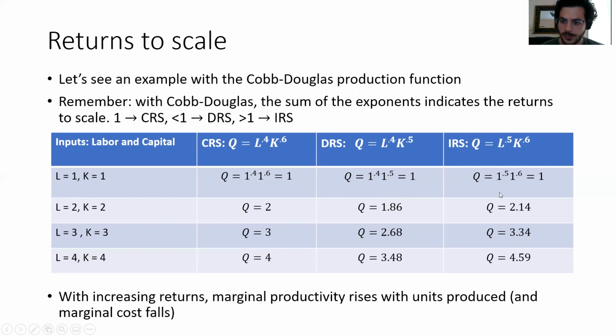With increasing returns to scale, our marginal cost is falling and our marginal productivity is rising. And so you can see that when we went from 1 to 2, we got an extra 1.14 units of quantity. And when we go from 2 to 3, we get something that's a little bit more than that, and then a little bit more than that as we go from 3 to 4. So the differences between these are going to compound as we increase inputs.